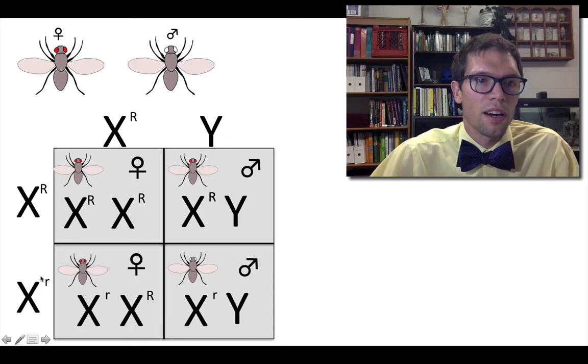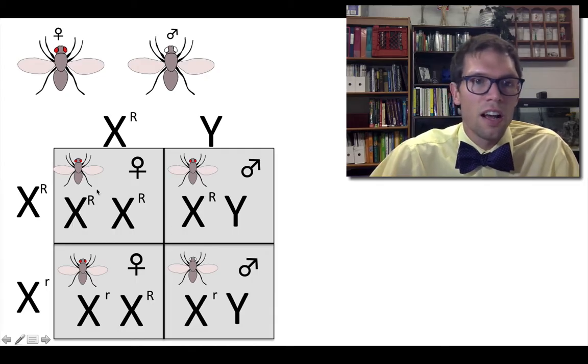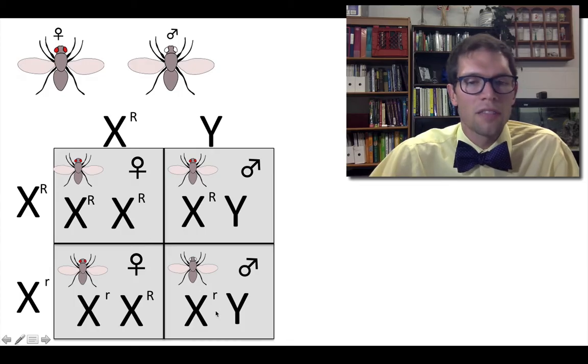So I'm showing the big R here and a little r here for red eyes and white eyes. So you do the Punnett square and you can see, sure enough, the red-eyed flies always would be females in this F2 generation, while the white-eyed flies would always be males.